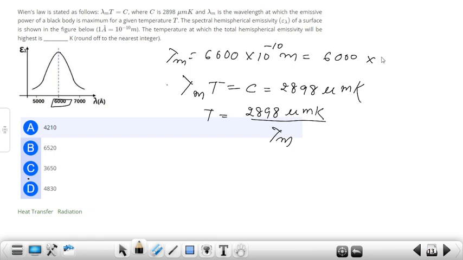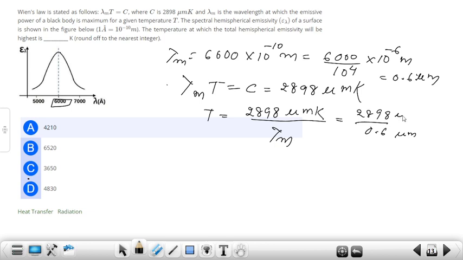It is equal to 6000 into 10 to the power minus 6 meter divided by 10 to the power 4, which is equal to 0.6 times 10 to the minus 6 meter, that is 0.6 micrometer. So putting this value in the equation, T is equal to 2898 micrometer Kelvin divided by 0.6 micrometer.